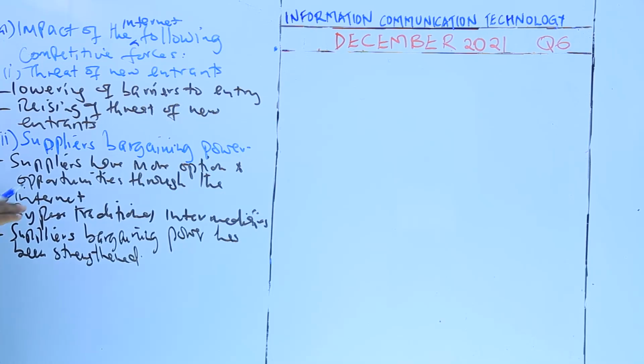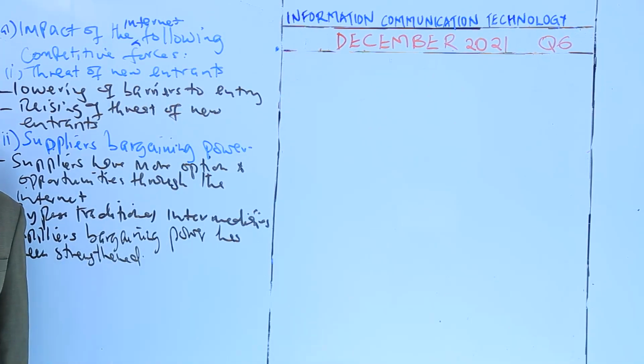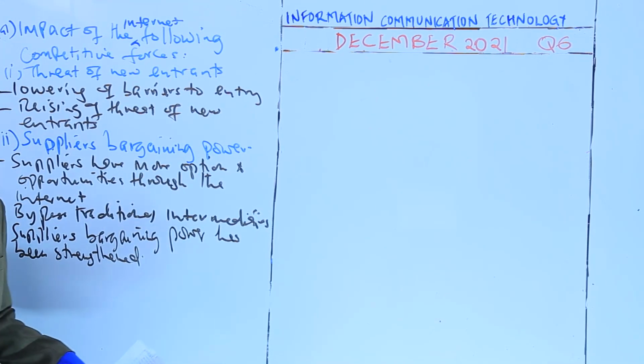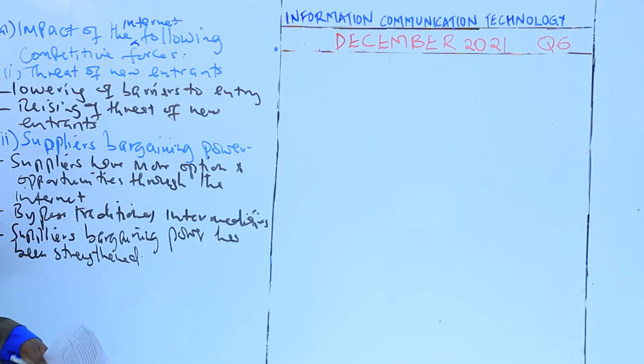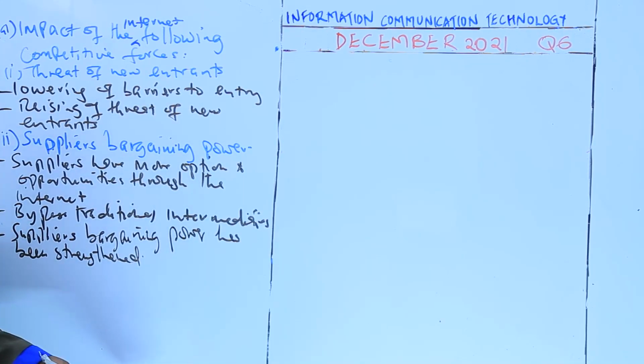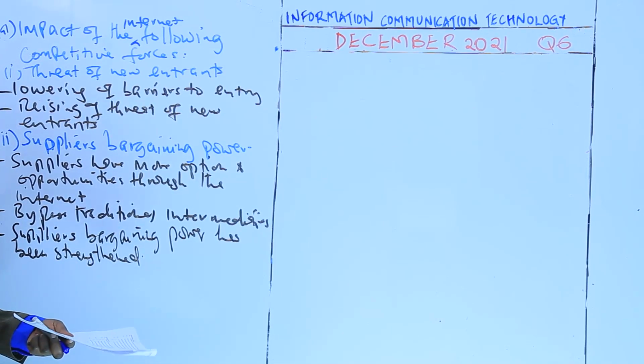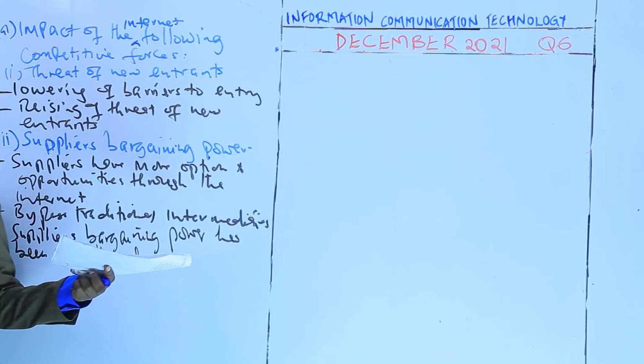They can directly reach the customer base and increase their customer base. All right? They can negotiate directly with customers. They can establish online platforms.